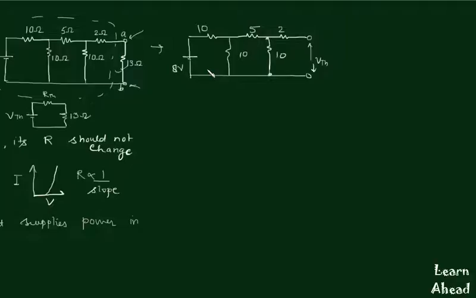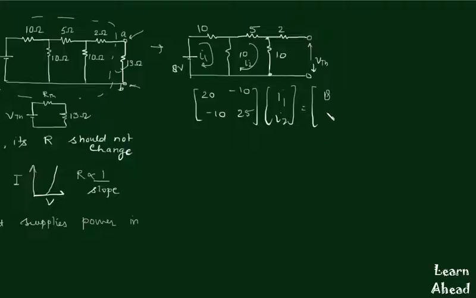If you don't know mesh analysis, then you can check my video. In this I am directly doing that. Let this be I1 and let this be I2. Then this will be equal to 10 plus 10, that is 20, minus 10 minus 10. This will be equal to 25. I1 I2 equal to 8 0. So we need I2. Using Cramer's rule, we can find I2 by replacing column 2 with this and finding determinant.